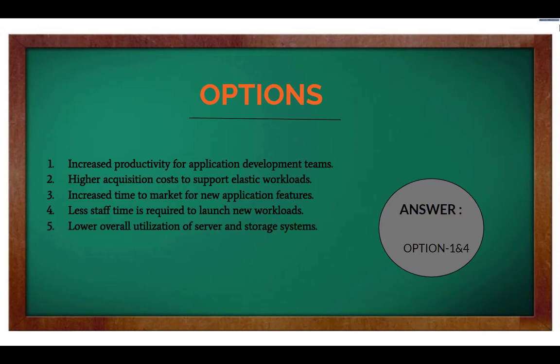Option 3. Increased time to market for new application features. Option 4. Less staff time is required to launch new workloads. Option 5. Lower overall utilization of server and storage systems. And the right answer is Option 1 and 4.